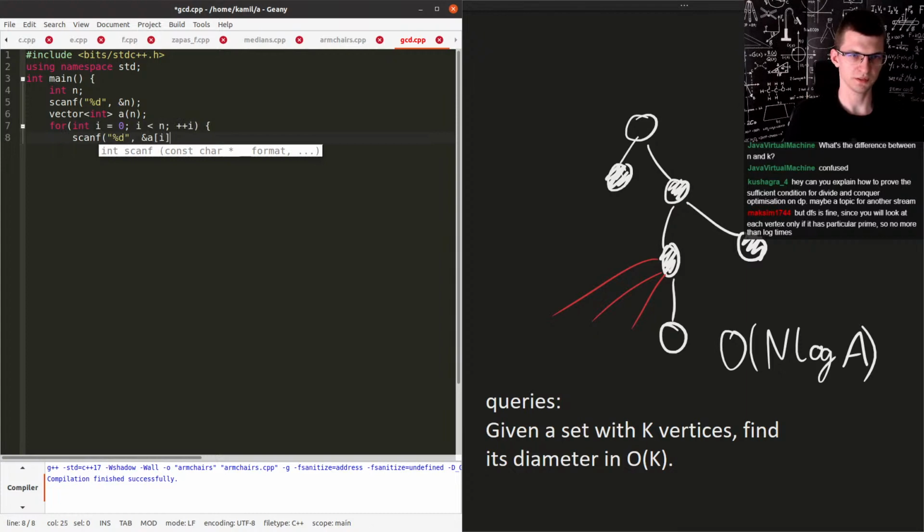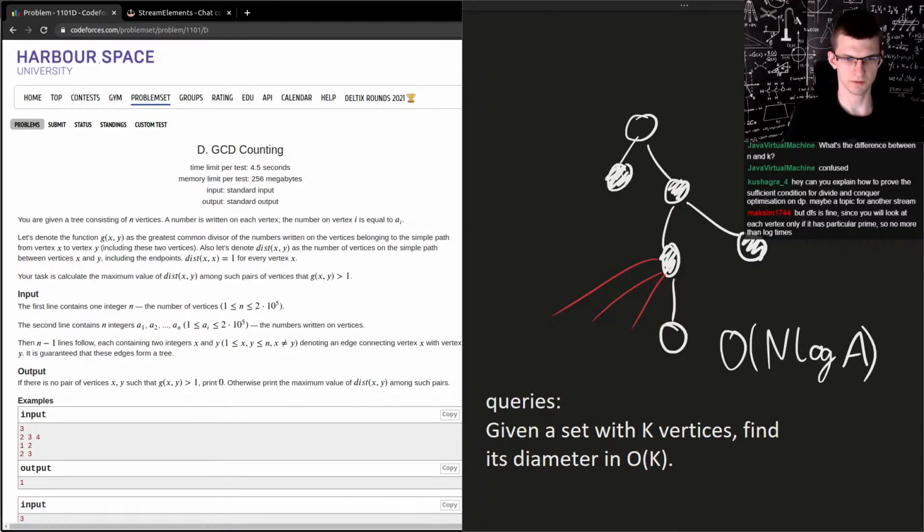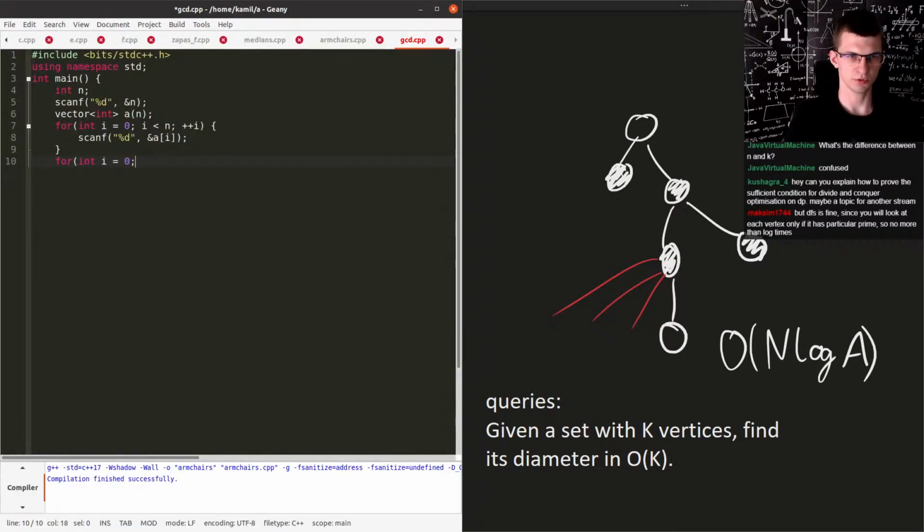Just reading the inputs, and then the interesting stuff will happen. And read the edges. To get numbering from 0 to n minus 1, I will subtract 1 after reading.